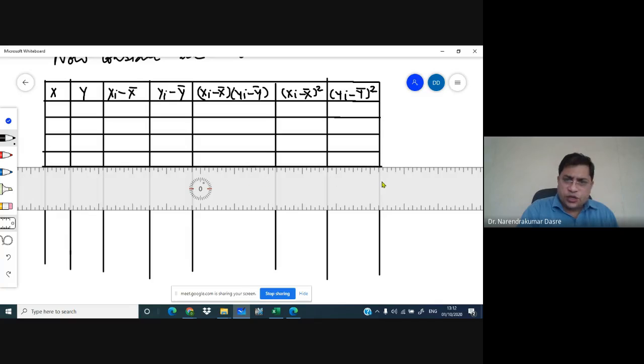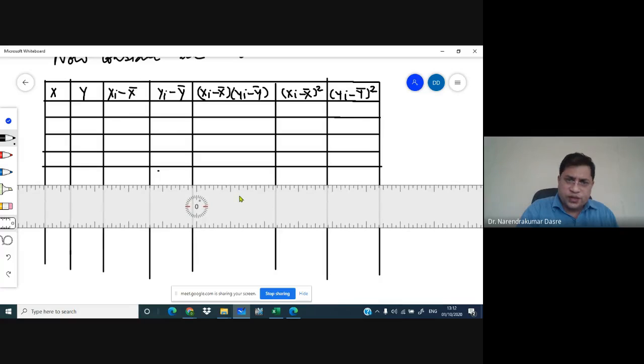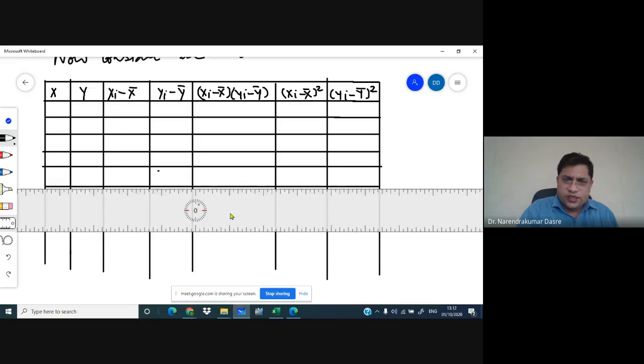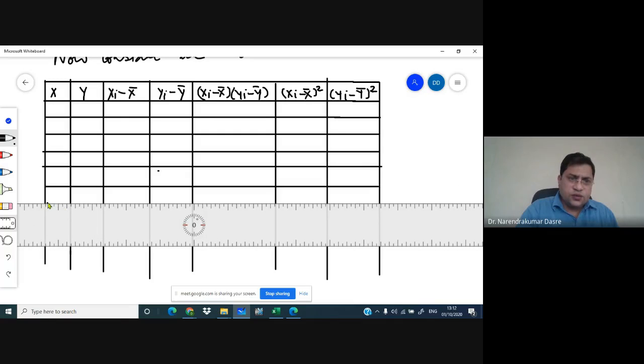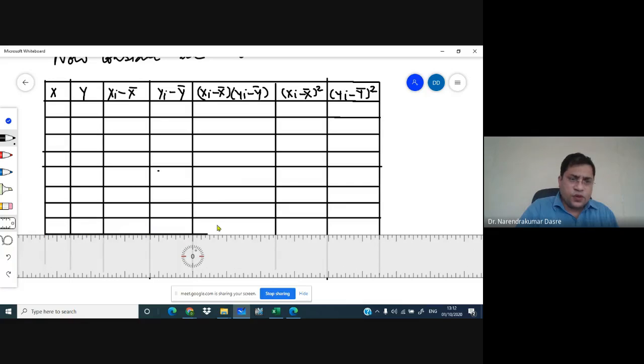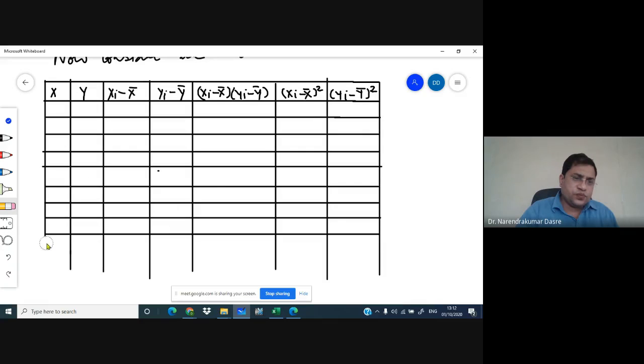In the examination also you have to make this table and show all the calculations that you will be doing. The last row will be the summation.